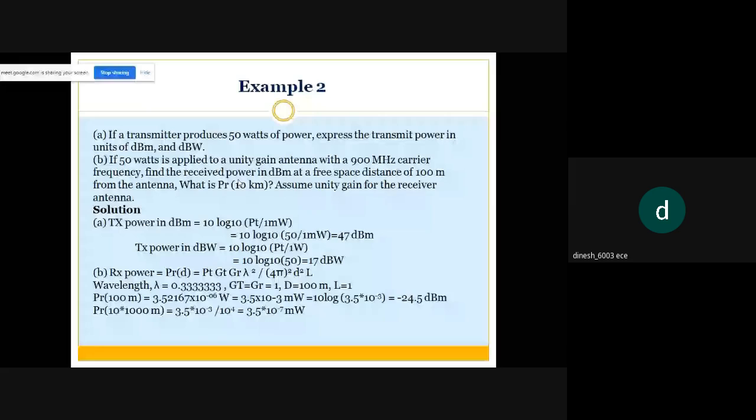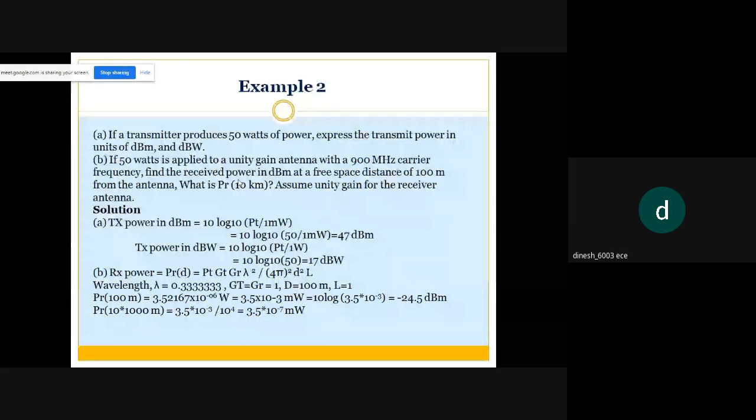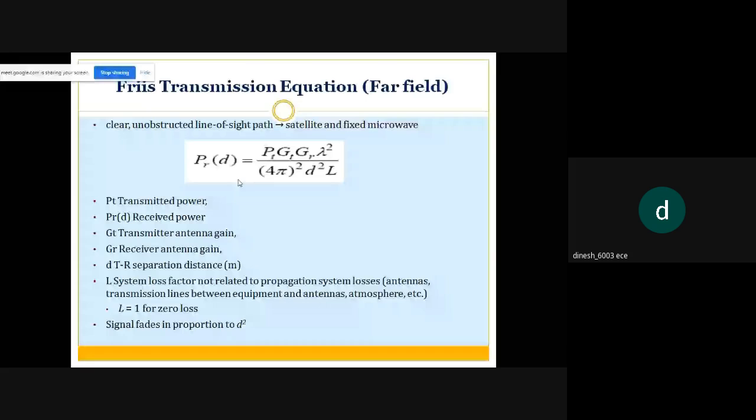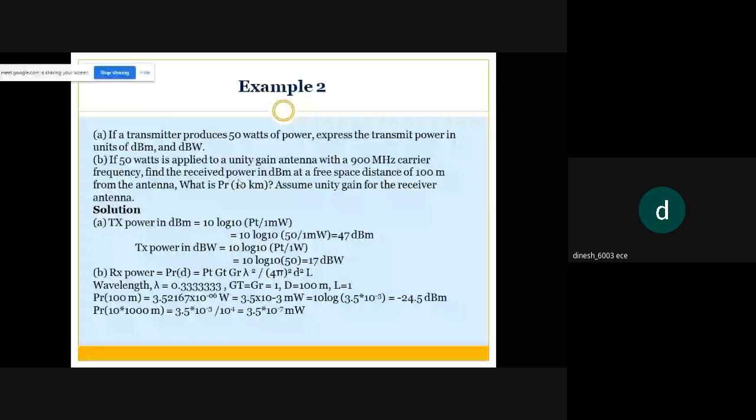Okay, so let us find. We need to calculate the received power. The formula is PR of d equals PT GT GR lambda squared divided by 4 pi squared d squared L. First, let us see the PT value, which is 50 watts.